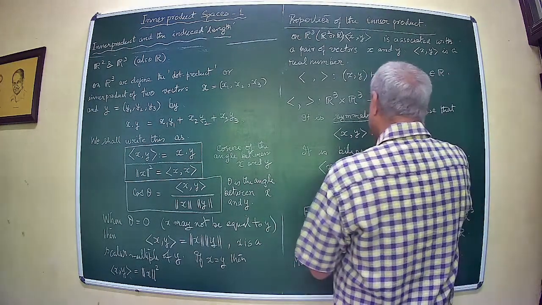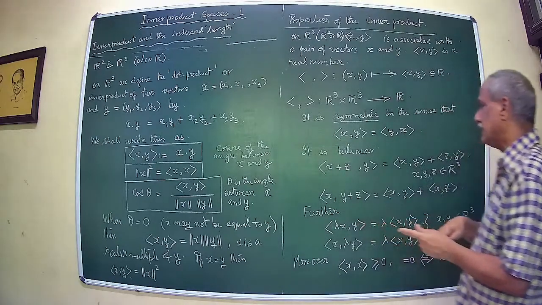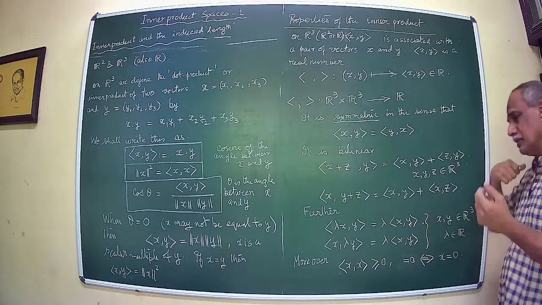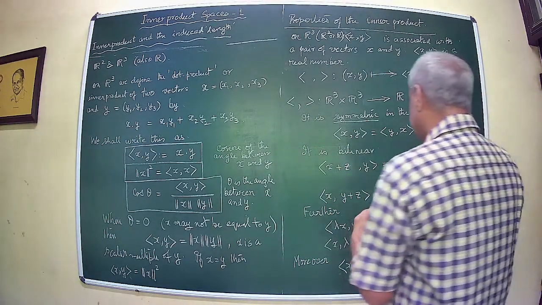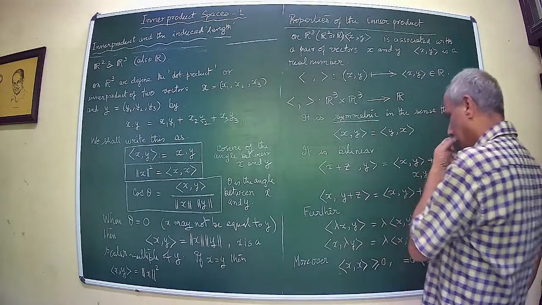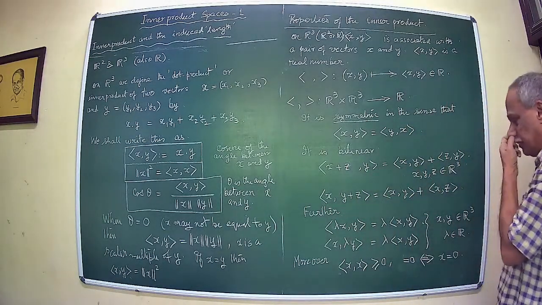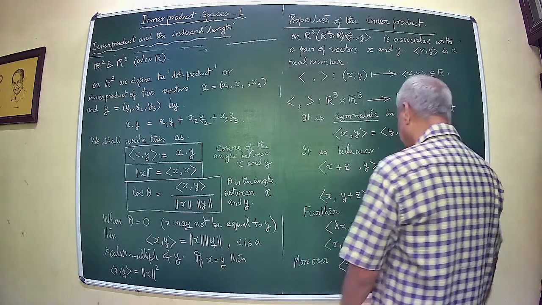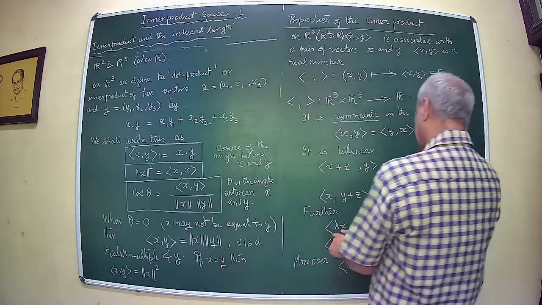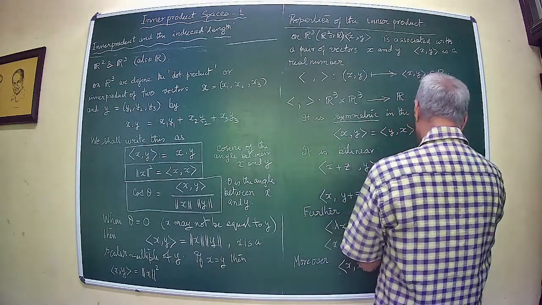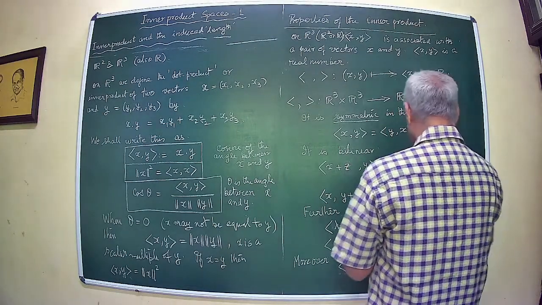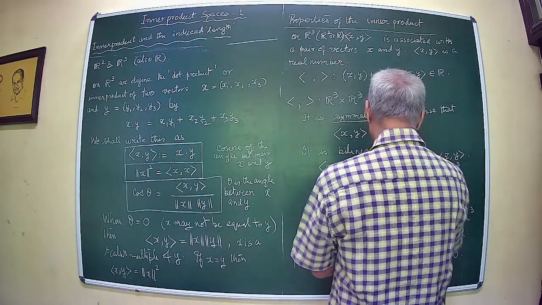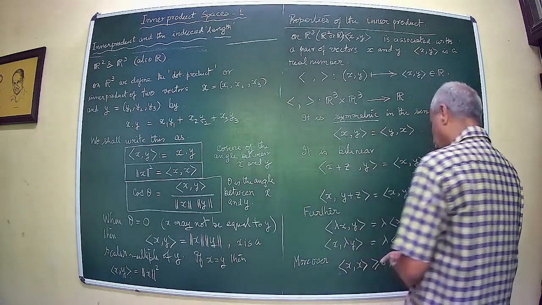It is bilinear in the sense that it is linear in the first variable, keeping the other fixed. It is linear in the second variable, keeping the other fixed. And in fact, when you scalar multiply a vector, so this is lambda x y is equal to lambda of x y, and x lambda y equal to lambda x y.